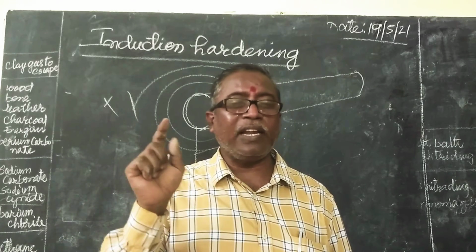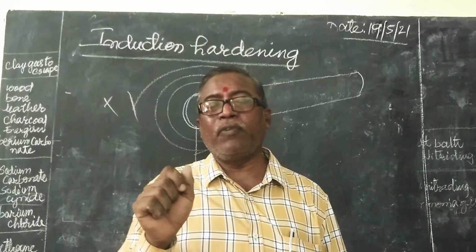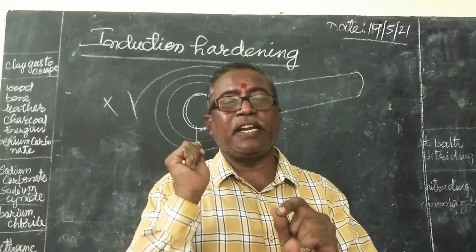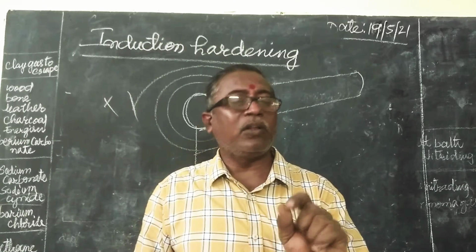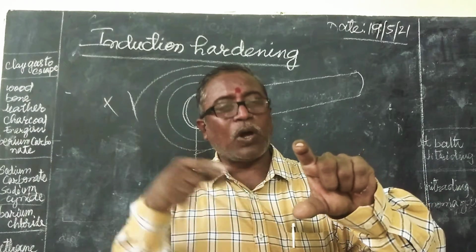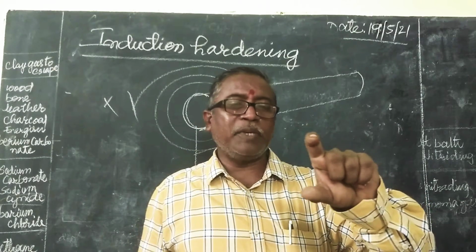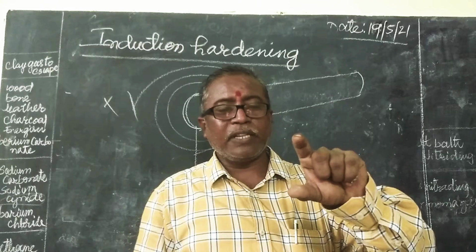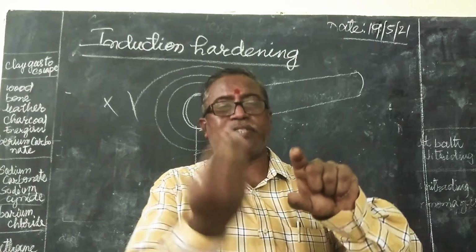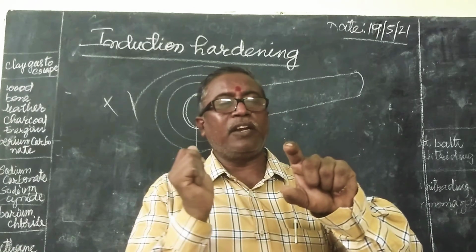For example, in drilling machine slots, when you are using the drift and hitting it to take out the drill, that particular place, the slot on the drilling machine spindle where the drills are fixed, to take out the drill you use the drift.